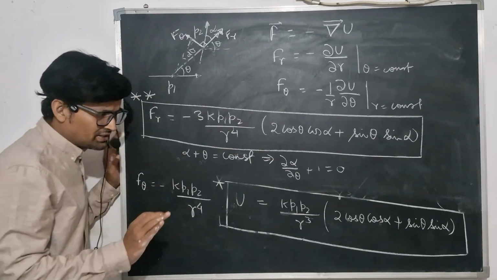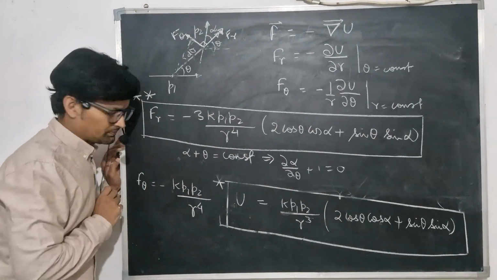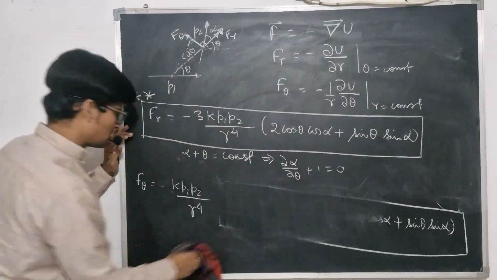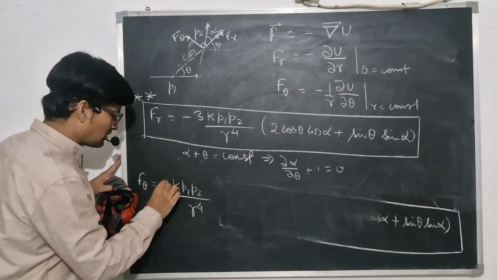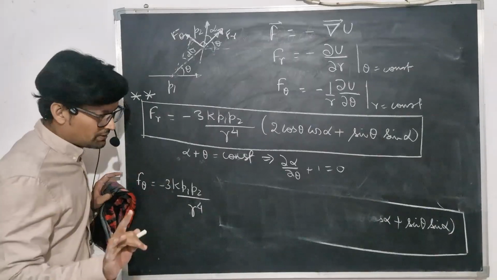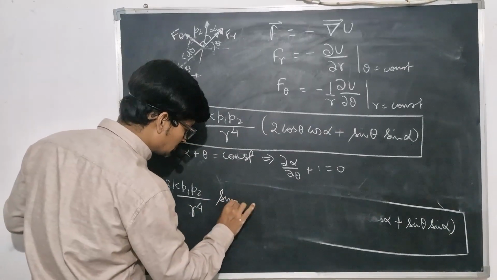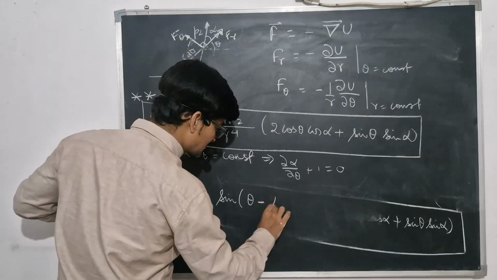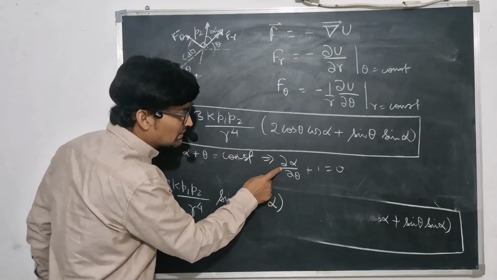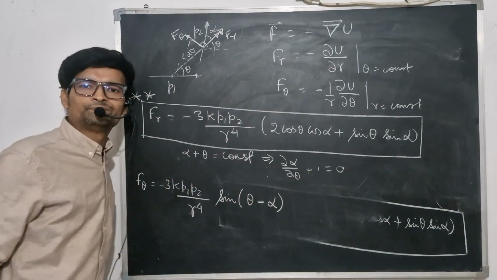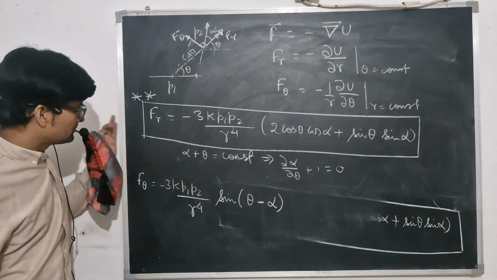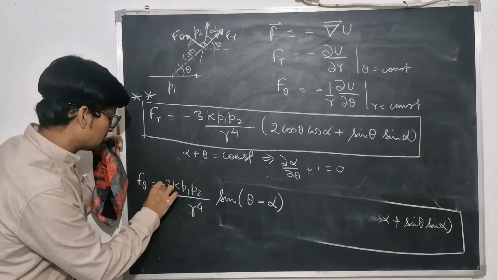So I am just writing the direct result. Remember, here it was 3, so here also it will be 3. So minus 3 k p1 p2 by r power 4 will be there, and then sine of theta minus alpha, after taking the derivative of this term with del alpha by del theta equal to minus 1. I want all my students to solve this and get back to me. So this is my f theta.